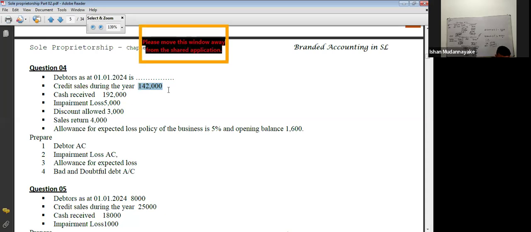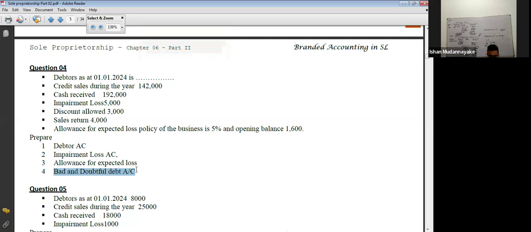Please remove the bad and doubtful letters. No need to discuss the fourth one.